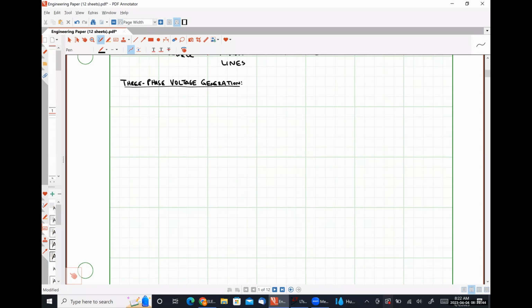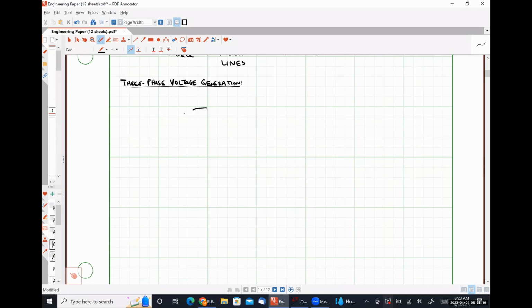So I'm about to attempt to draw a very simplified representation of a three-phase synchronous generator. I know that most of you don't know what half that means, but that's okay. We'll get through it. A generator is simply a machine that converts mechanical energy into electrical energy. So for a three-phase generator, we're going to have something like this.